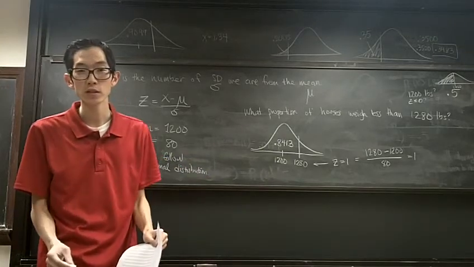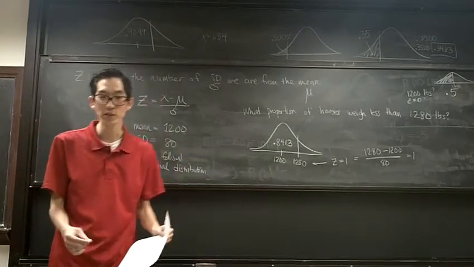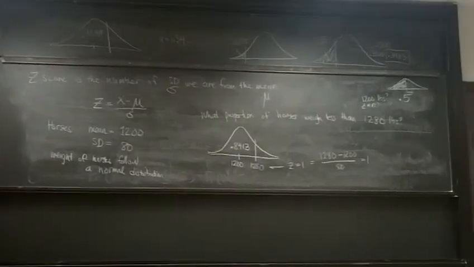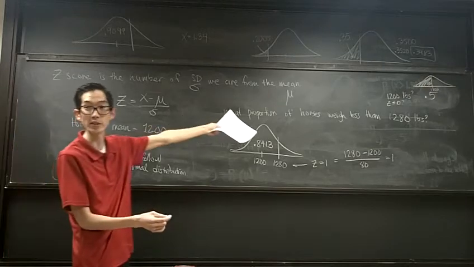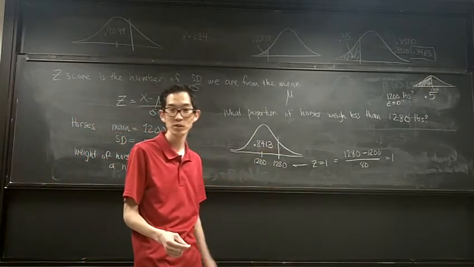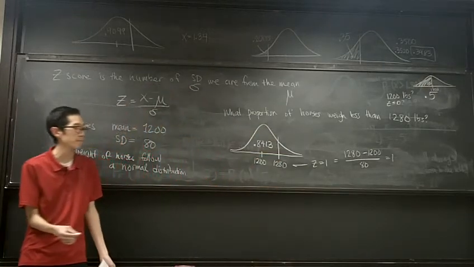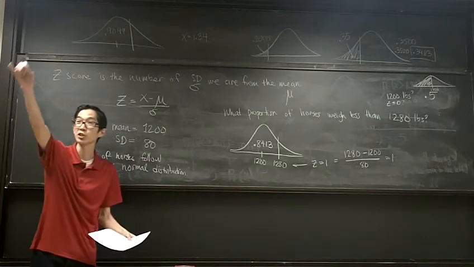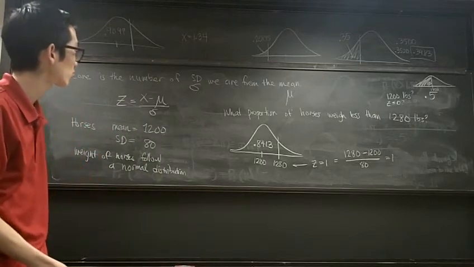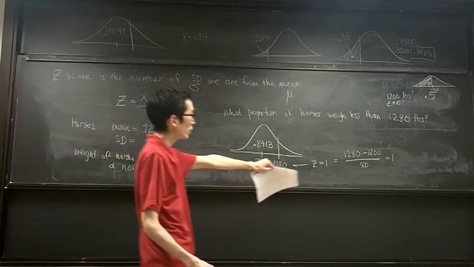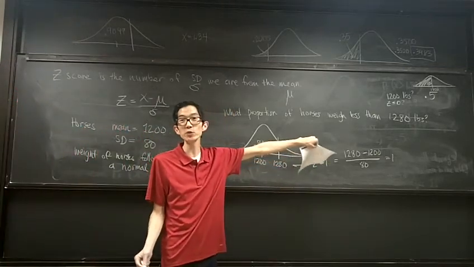Okay, you can fix it. Weigh less than 1,280 pounds. Question in the back. 0.8413. So what I have is now z equals 1.